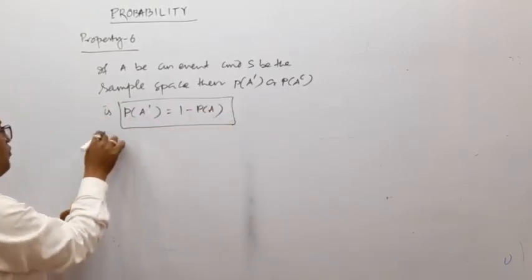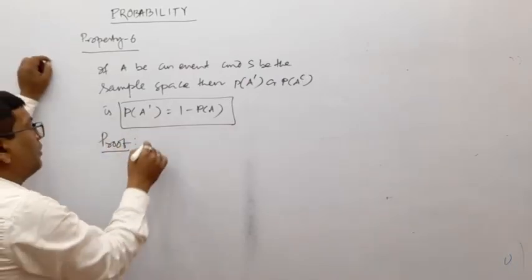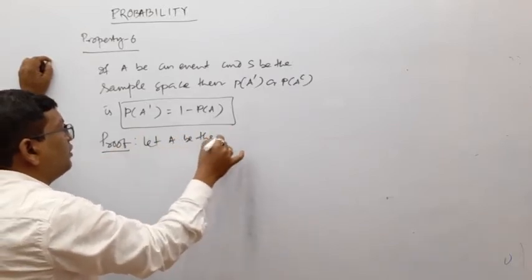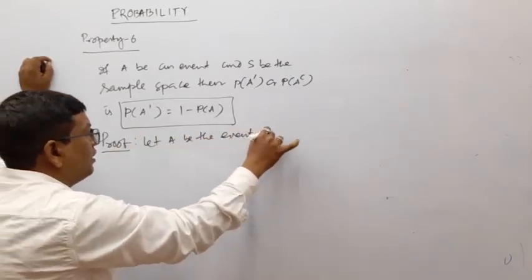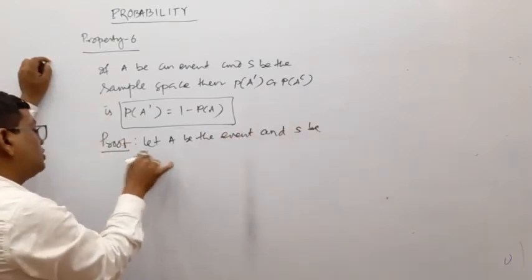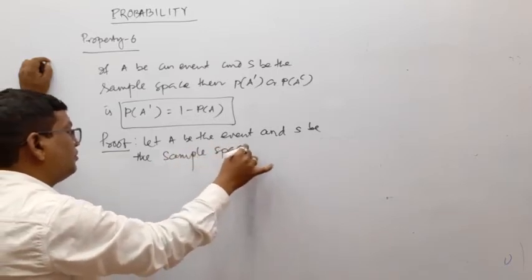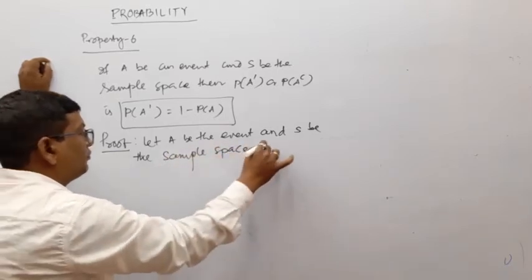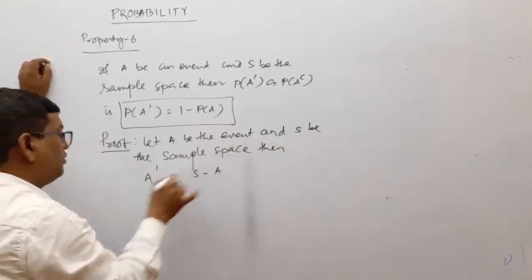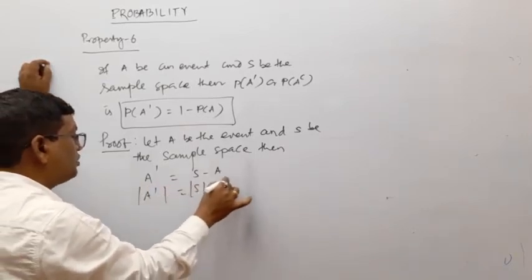Now proof. Let A be the event and S be the sample space. Then A dash cardinality is equal to S cardinality minus A cardinality.